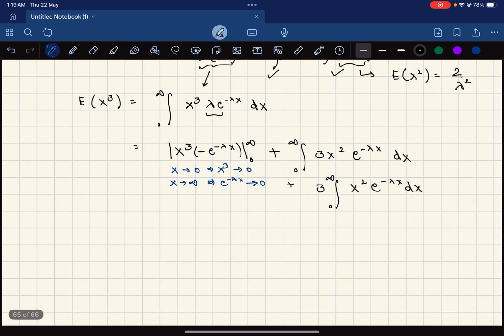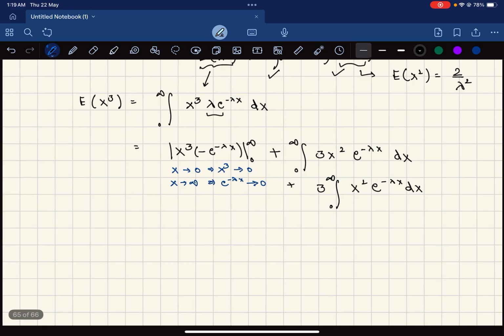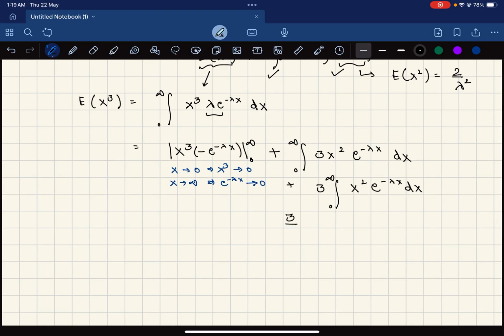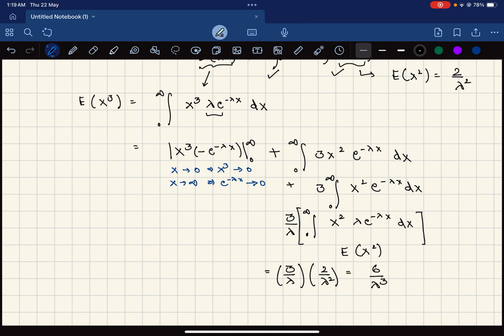Now if we divide and multiply the given integral by lambda, we would be left with 3 upon lambda, 0 to infinity x square lambda e to the power minus lambda x dx. Now the integral which we are left with here is nothing but the expected value of x square, which we already know is equal to 2 upon lambda square. Therefore we are left with 3 upon lambda into 2 upon lambda square, which is 6 upon lambda cube.